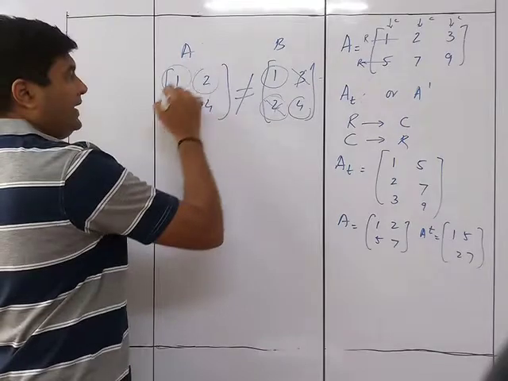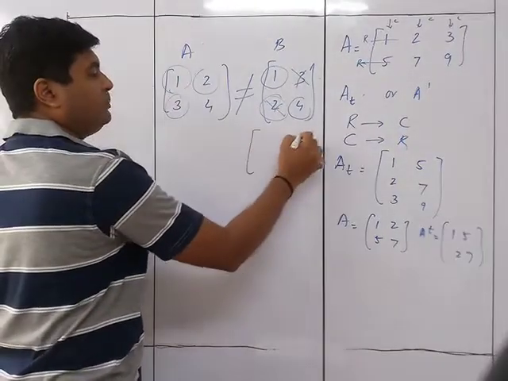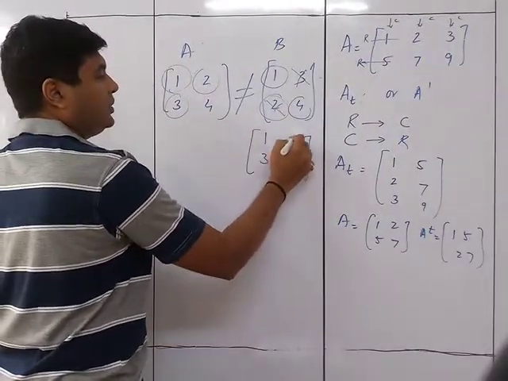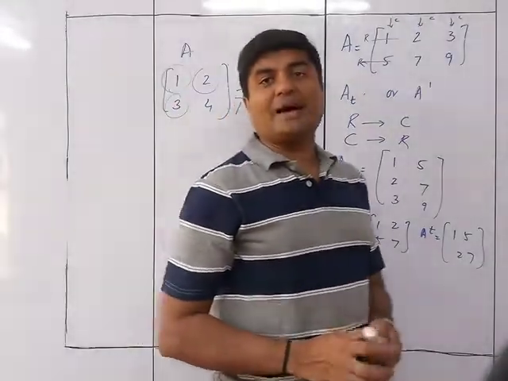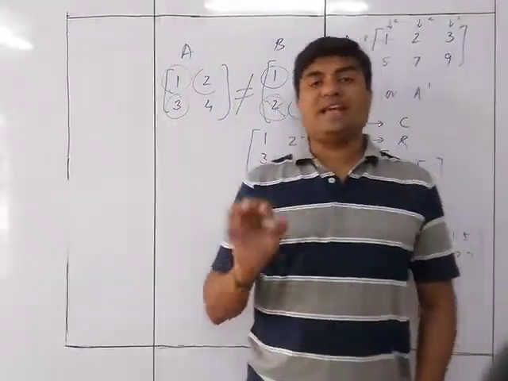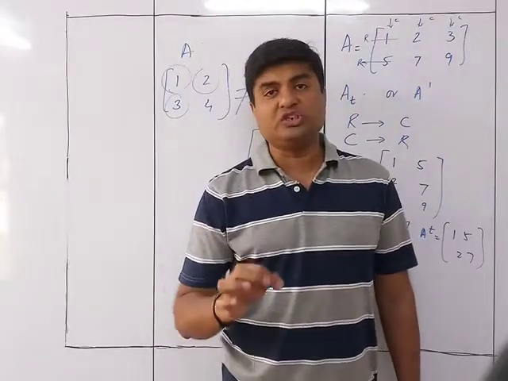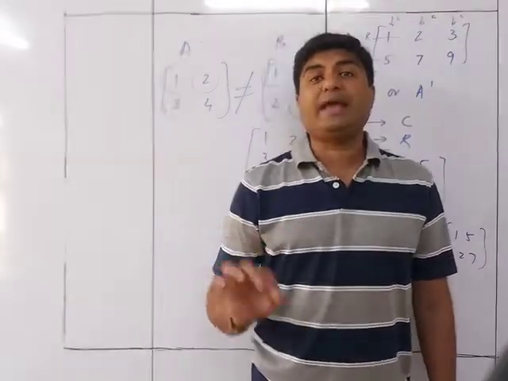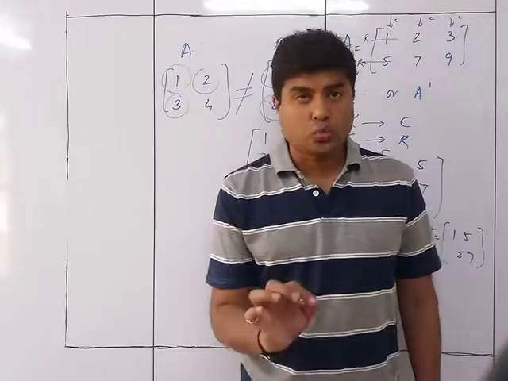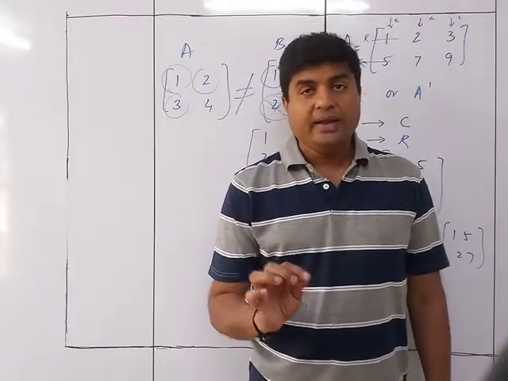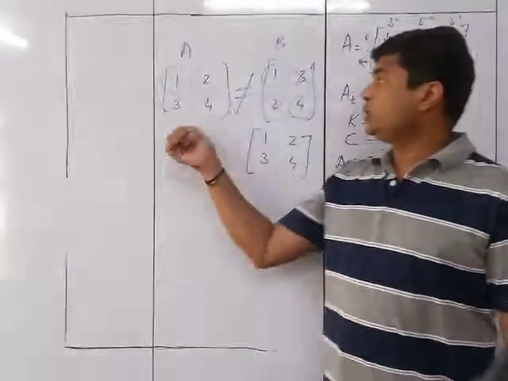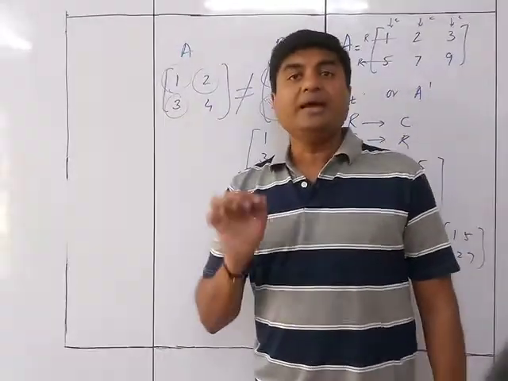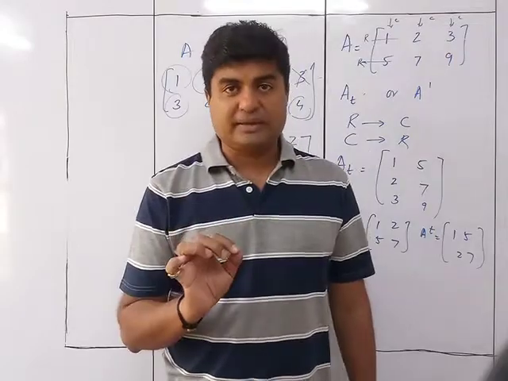That means A will be equal to B only if B is also 1, 3, 2 and 4. Equal matrices are matrices which have the same elements in the same positions and with the same order of matrix too. Only if the elements, positions and order are the same are the two matrices said to be equal.